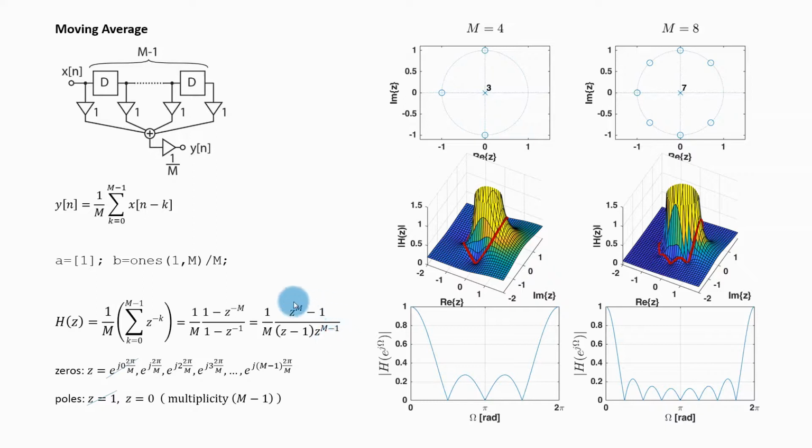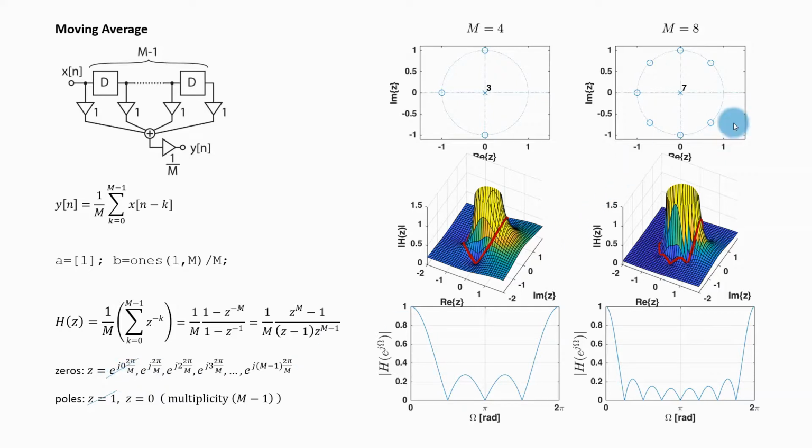Here the roots of the polynomial in the numerator are these. The denominator has a single root at 1 and a multiple root at 0. The multiplicity of the root at 0 is m minus 1. Now, these roots, these complex values, are evenly spread around the unit circle.